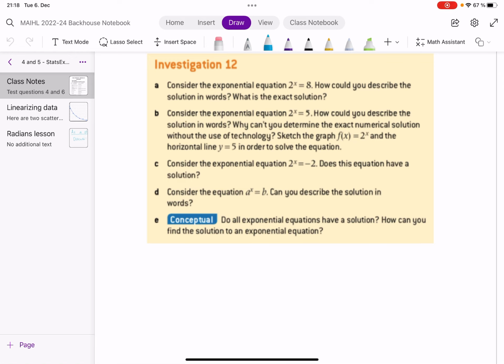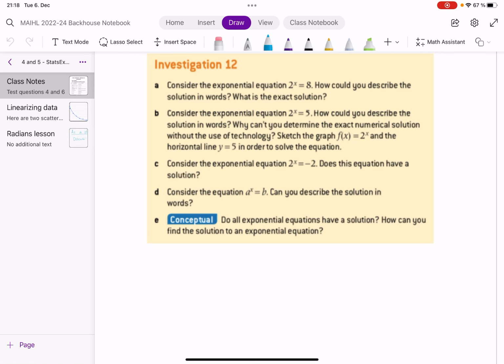Okay, hopefully you've had a go at all of these. So I want to talk through the first part of this first investigation because I think that gets you set up for the rest of the lesson. We're starting off by considering this equation 2 to the power of x equals 8. I'm sure you've found ways of describing the solution in words.